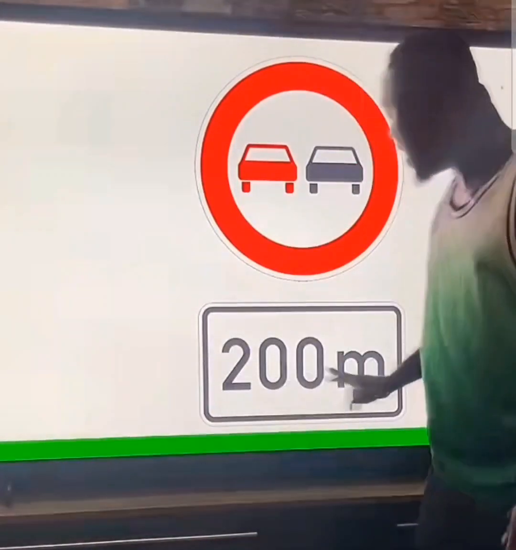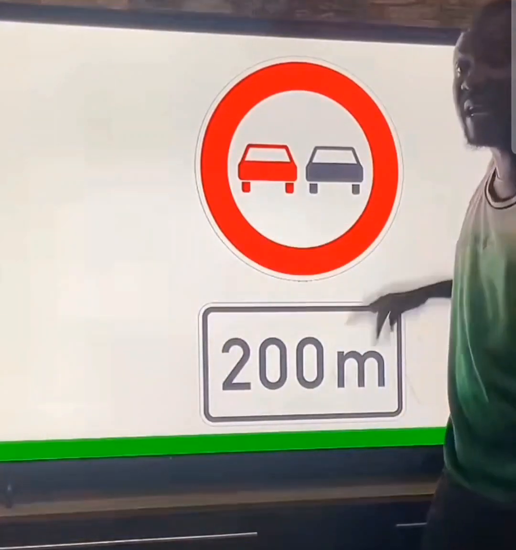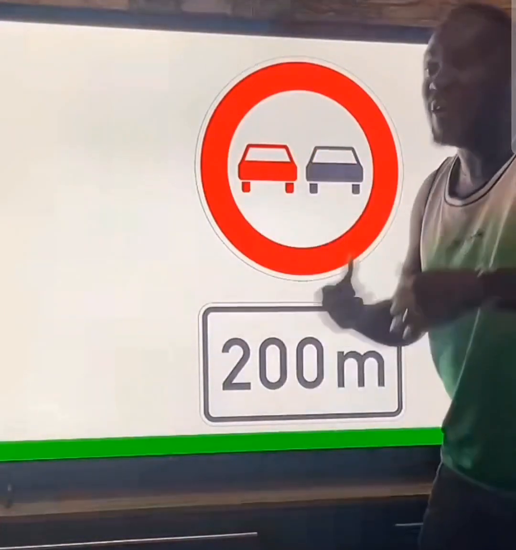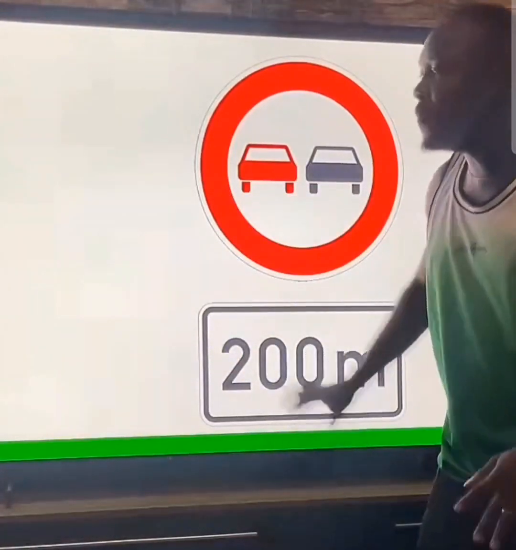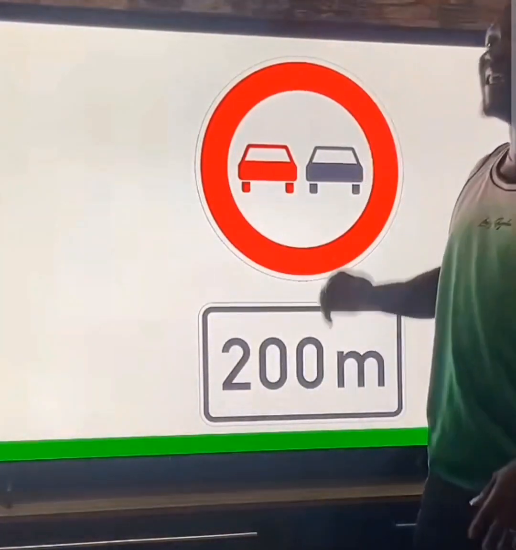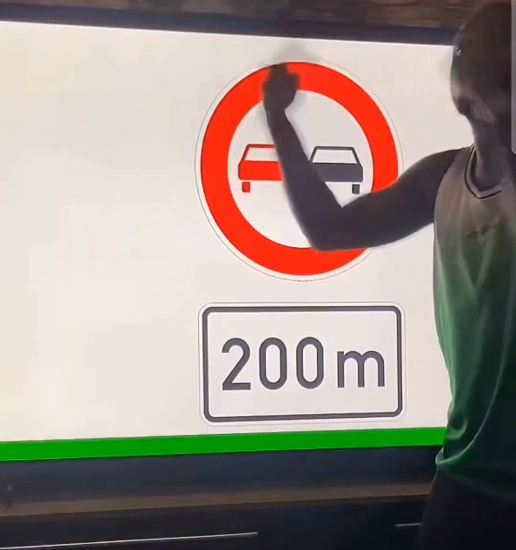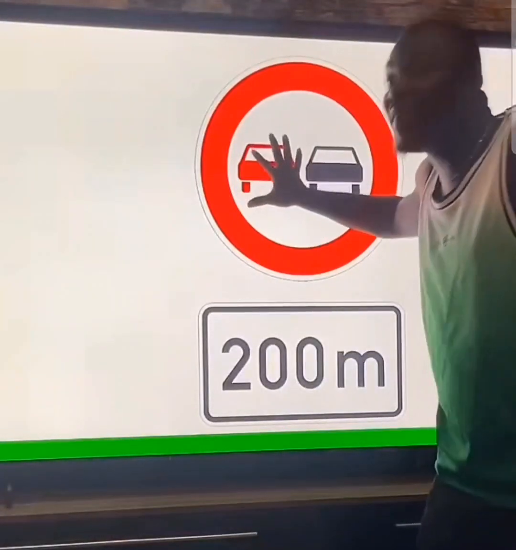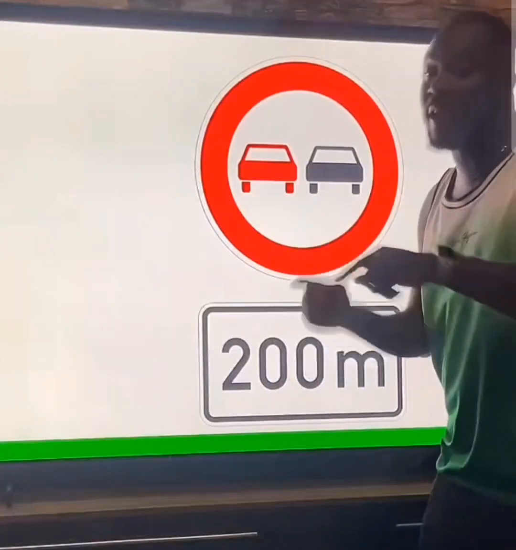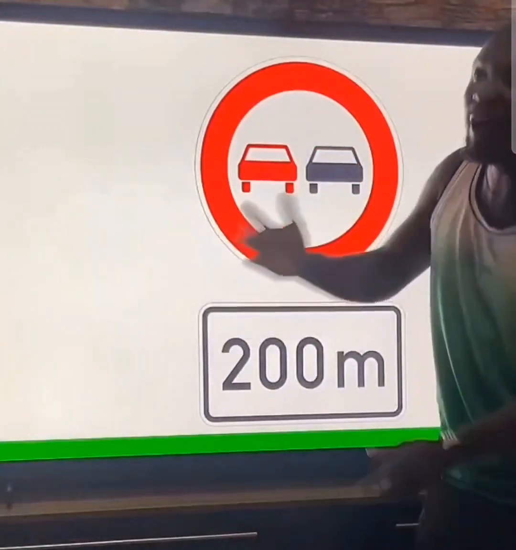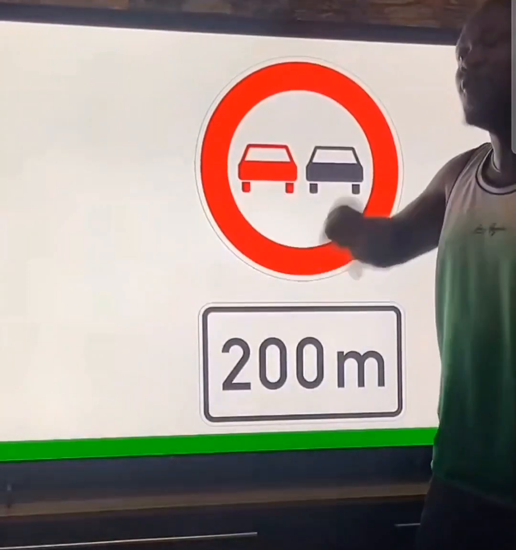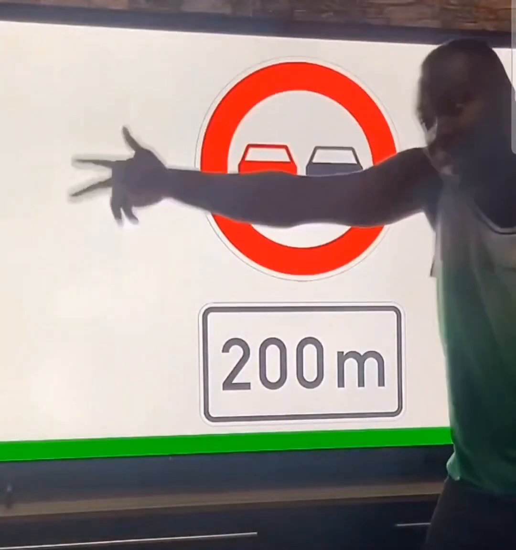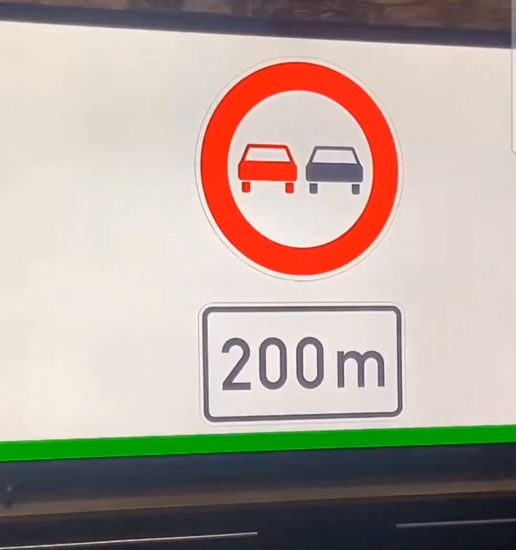When there is an arrow pointing here, that means it is a distance from where you are to that particular number. But here, because there is no arrow, it is in 200 meters ahead of us. So we can overtake now, but later in 200 meters, we cannot overtake because there is a sign here that tells us so.